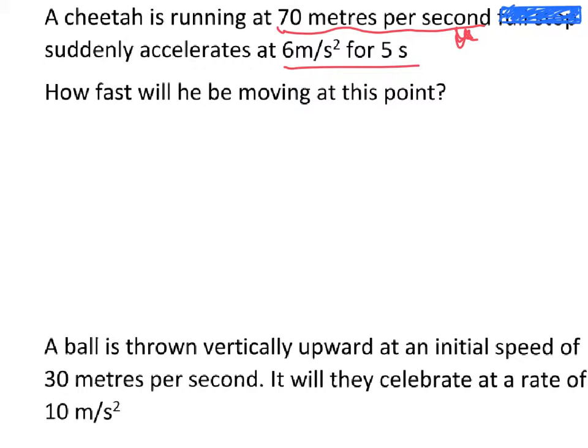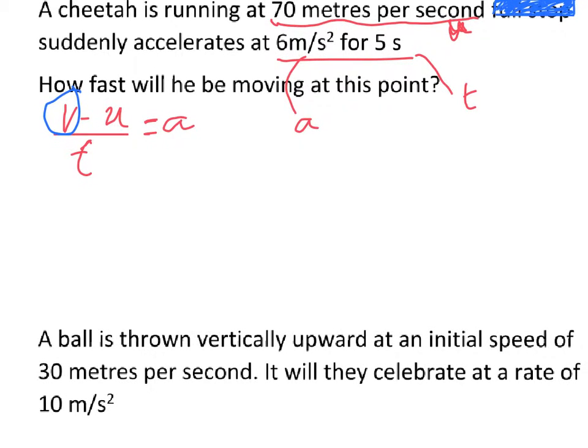So A is given, 6 meters per second square, that's A, and T is given here, 5 seconds. Okay, so you can use this formula, V take away U divided by T equals A. Now you're asked to find this V here. So if you can rearrange that formula and get V, try that and then look at the solution.